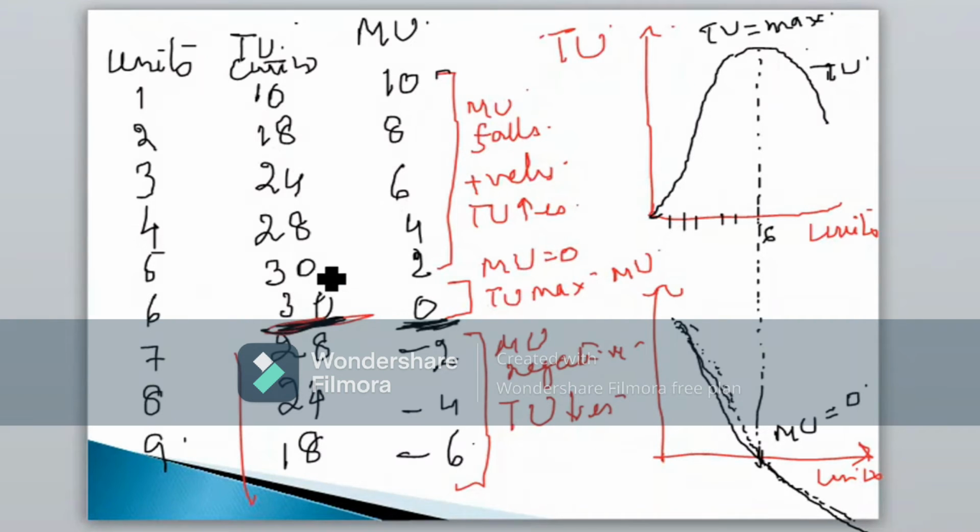Now, at the 5th unit you can also see total utility is high, but here MU is not 0. And after this level, total utility falls. So we will consider this only. And at 6 units marginal utility is 0. So total utility is taking a shape of inverted U.